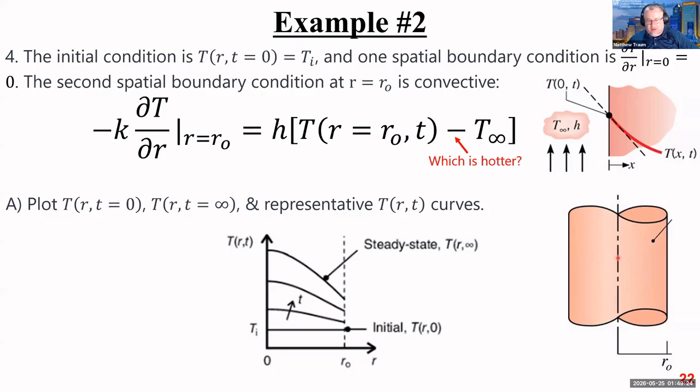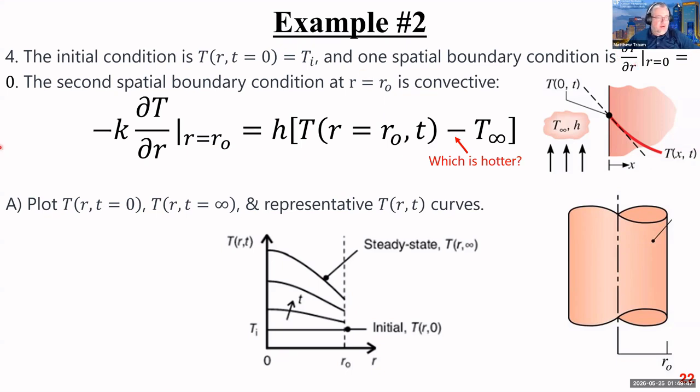Heat is definitely moving from r equals 0 outwards, but it's not moving inwards, because it's the center of the wire. So the first derivative of temperature must be 0 here to ensure that there's no conduction into the center of the wire, because that just physically wouldn't make any sense.